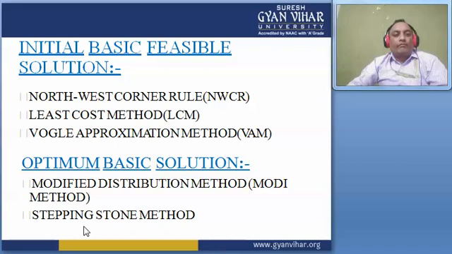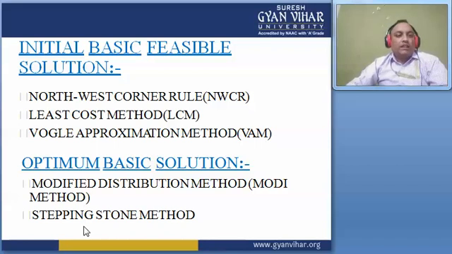For the initial basic feasible solution, the first method is the northwest corner rule, NWCR. The second is the least cost method, LCM. And third is Vogel's approximation method, sometimes called the VAM method.